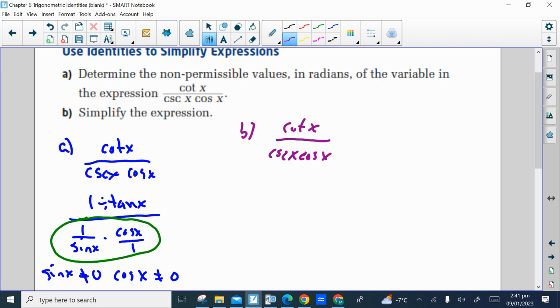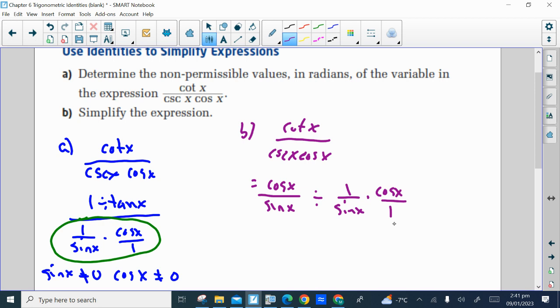One of them will involve putting everything in terms of sine and cos. So that's what I'm going to do here. Cotan is cos over sine, and that's divided by cosecant, which is 1 over sine, times cosine, or cosine over 1.